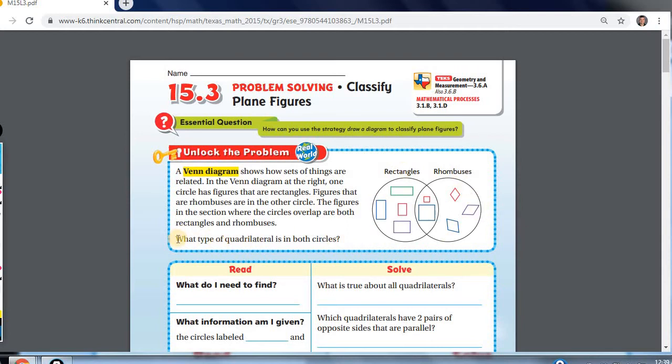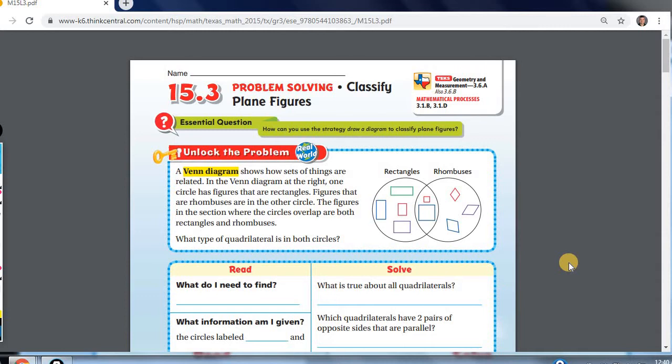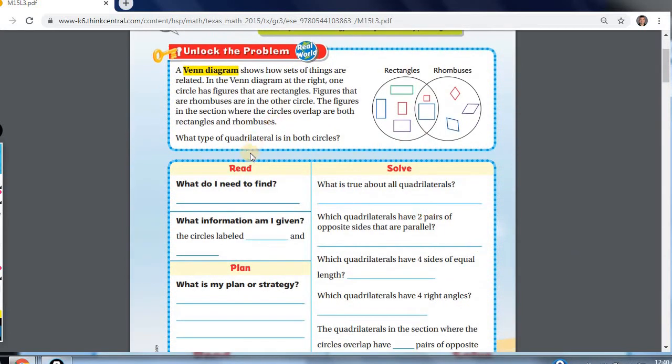So we're going to ask the question, what type of quadrilateral is in both circles? Okay, so we're looking at these right here, and we're going to walk through it. A lot of this lesson today is logic, but you need to know the characteristics of your plane figures, of your shapes. So what do I need to find?